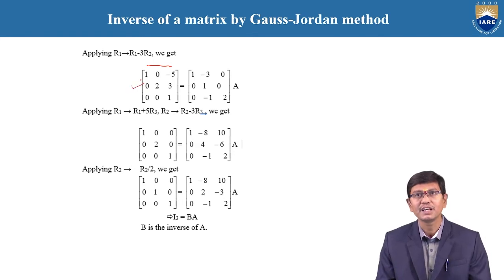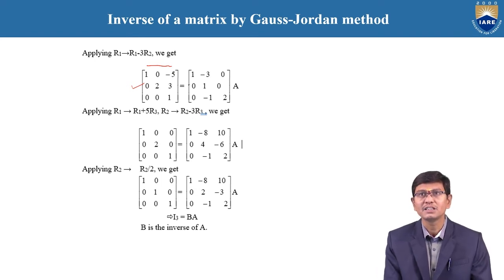Correspondingly, on the right side, the unit matrix with the row operation R1 minus 3 R2 has its first row changed to 1, -3, 0 and the other rows stay as they are, [0, 1, 0; 0, -1, 2].